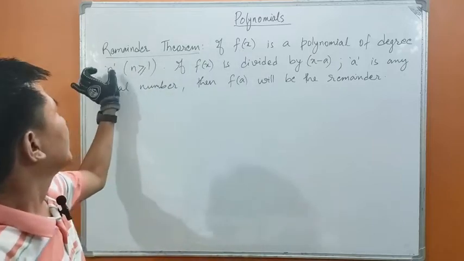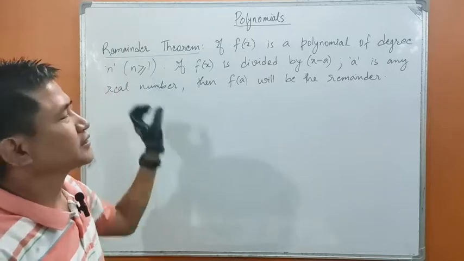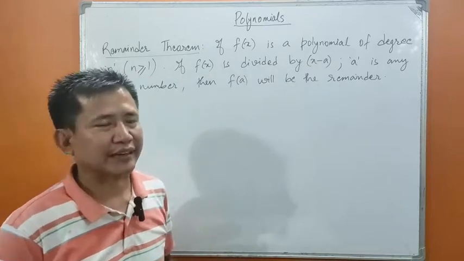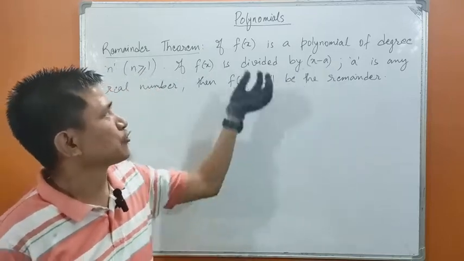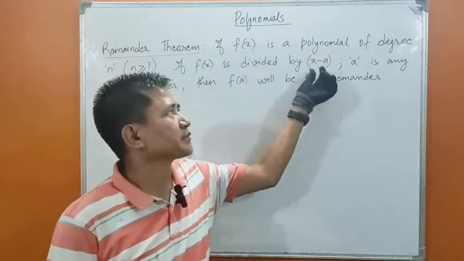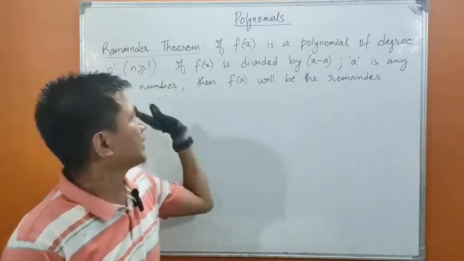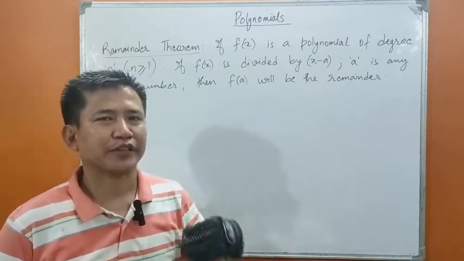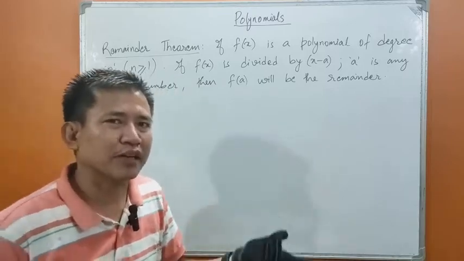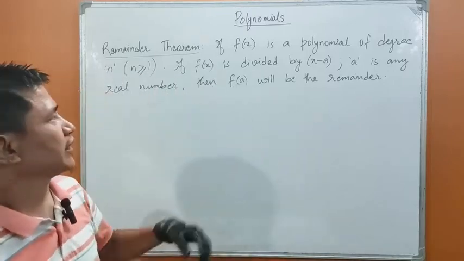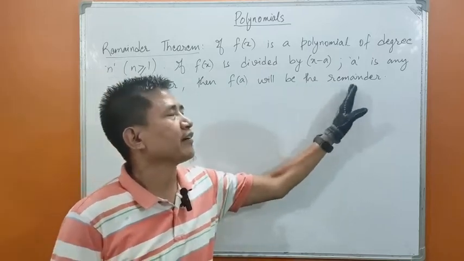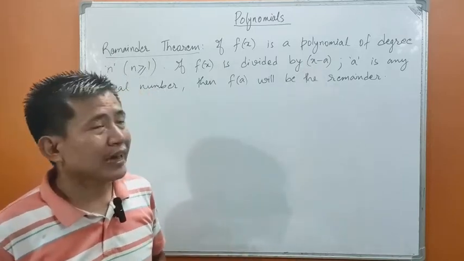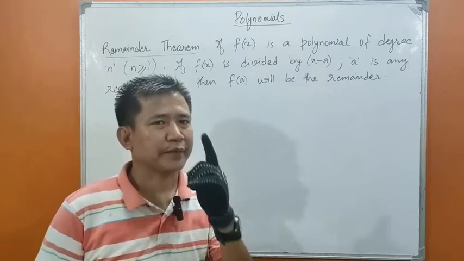If f(x) is divided by x minus a, where a is any real number, it can be 1, it can be 2, it can be 0, it can be any number, minus 1, minus 2. Then f(a) will be the remainder.